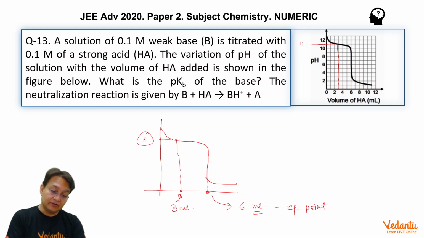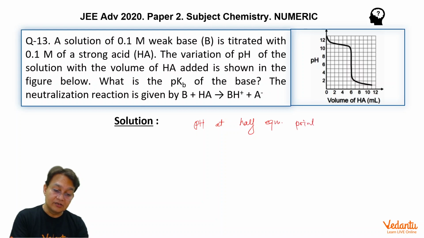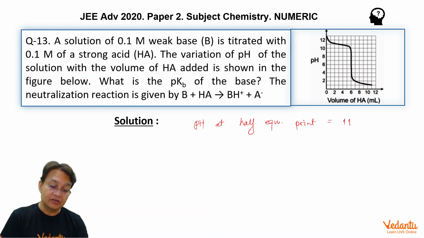The meaning of this is that pH at half equivalence point is equal to 11. Now from this information, you have to get the pKb of the base. Can you do it? Yes.